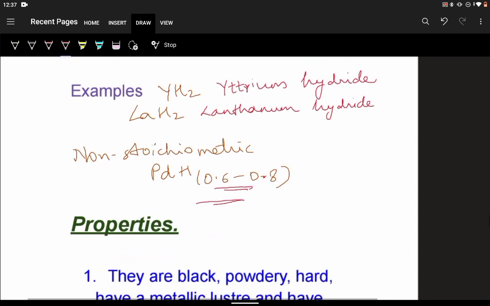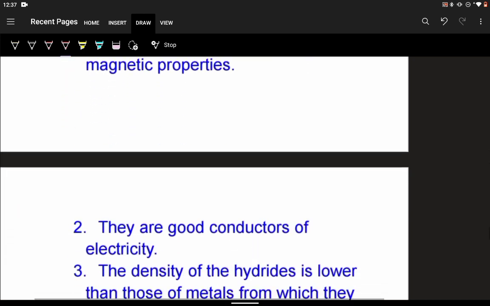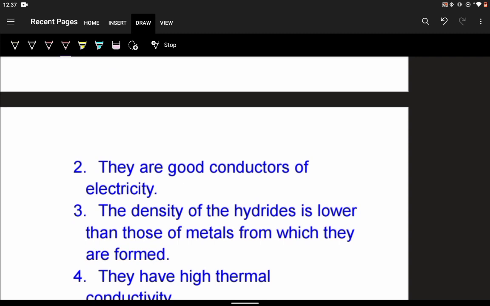Now if you go for the properties, they are usually black, powdery compounds which are hard in nature and have a metallic luster. They may also possess magnetic properties. They are good conductors of electricity. The density of these hydrides is lower than the metals from which they are formed.